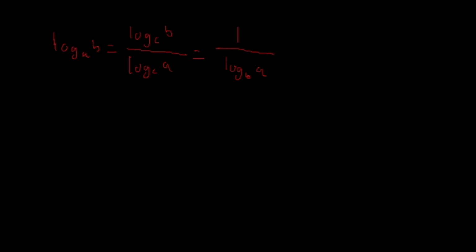So here you can see that when you have log base a of b, then you could say that that's equal to log base c of b over log base c of a, where c is any number that you choose it to be, as long as it remains constant for the numerator and the denominator. And then you could say that that is equal to 1 over log base b of a.